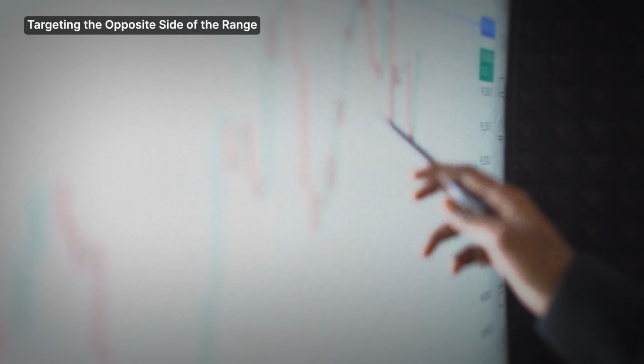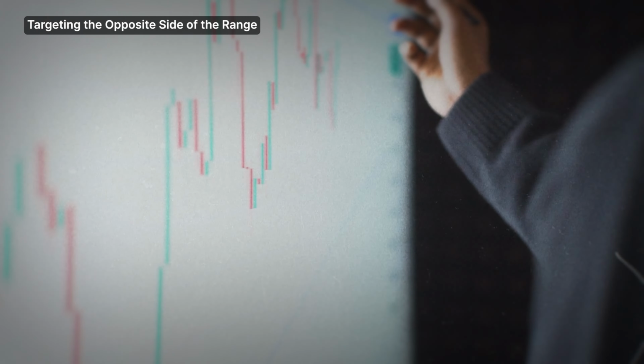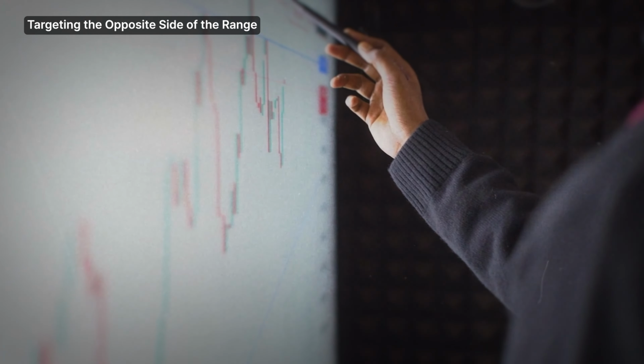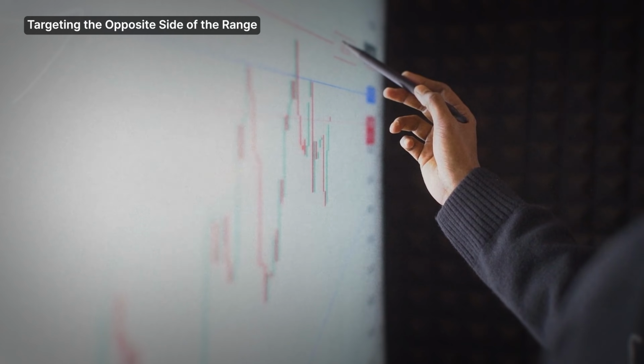However, once the liquidity has been taken, price frequently chops around in the middle of the range. So by targeting the opposite side, you're focusing on the clean draw on liquidity, where price is more likely to move smoothly. And once the liquidity is taken, exiting the trade is often the best choice to avoid being caught in the chop. This is the foundation of how I trade ranges based on liquidity sweeps.